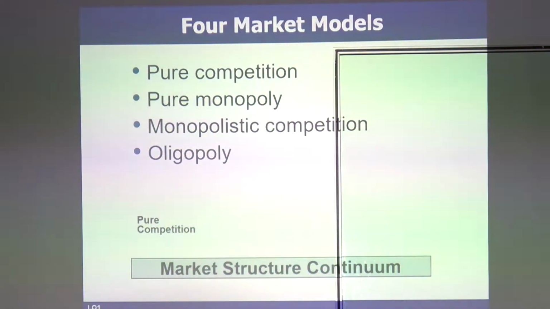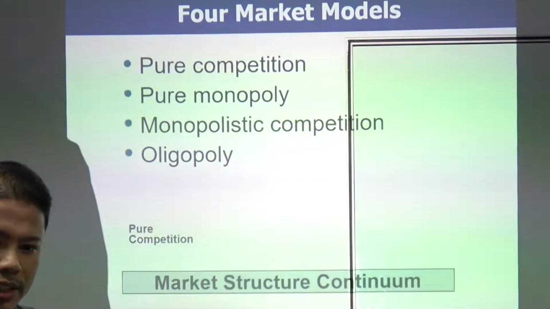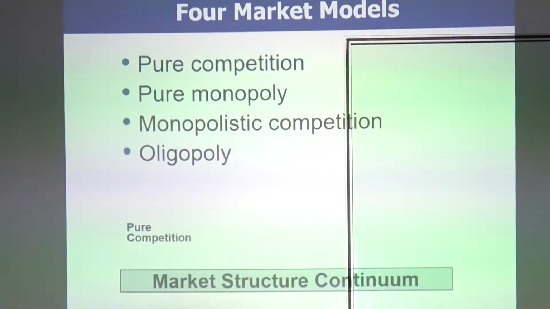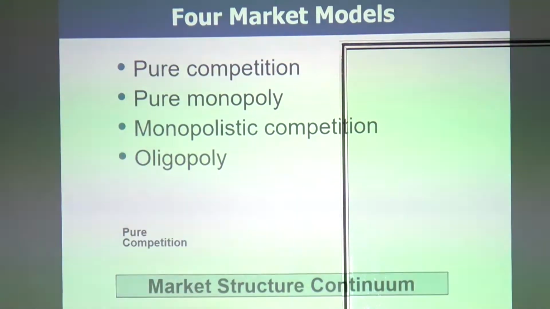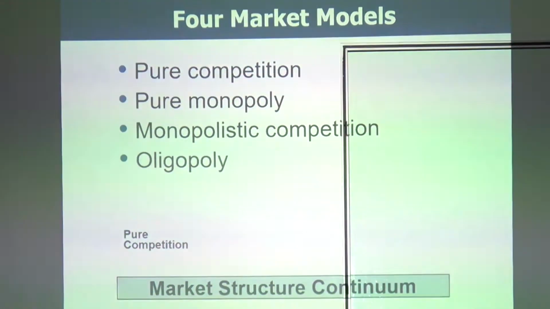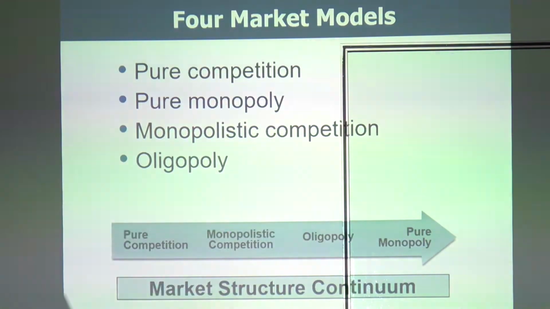Okay, so pure competition is part of the four market structures that we will discuss. The four market structures are located on a continuum of competition, the level of competition in the market, where pure competition would have the highest level of competition, whereas pure monopoly has no competition at all.